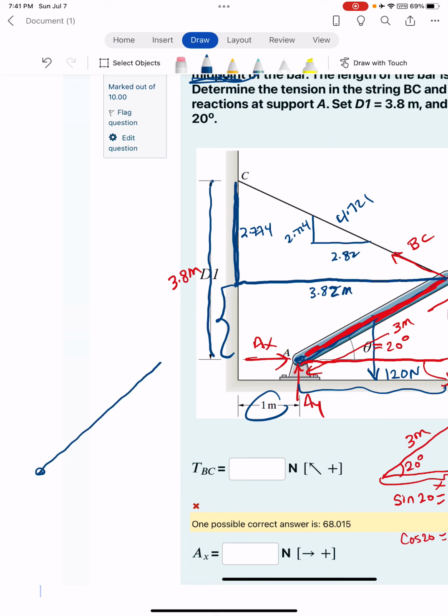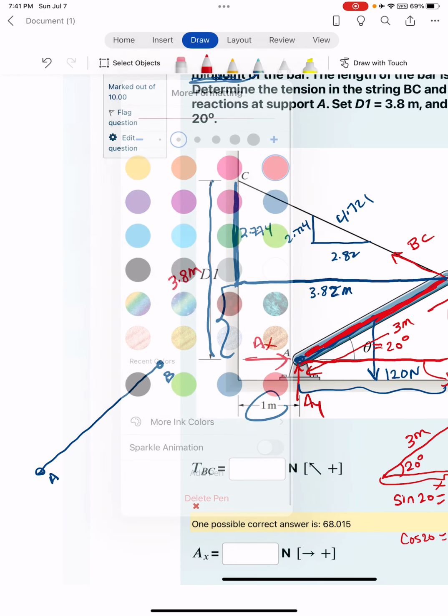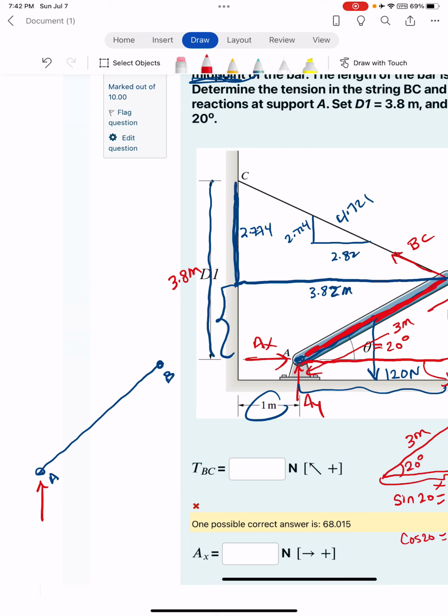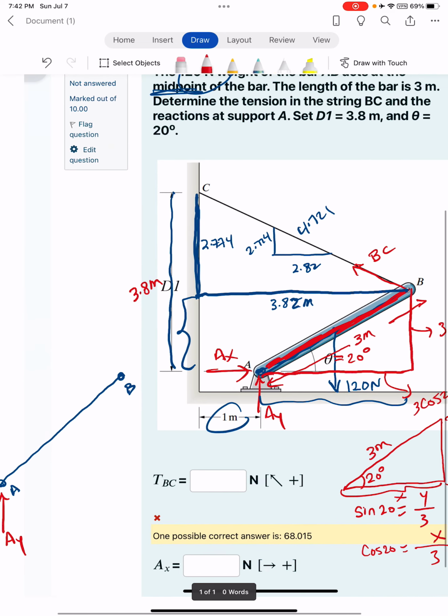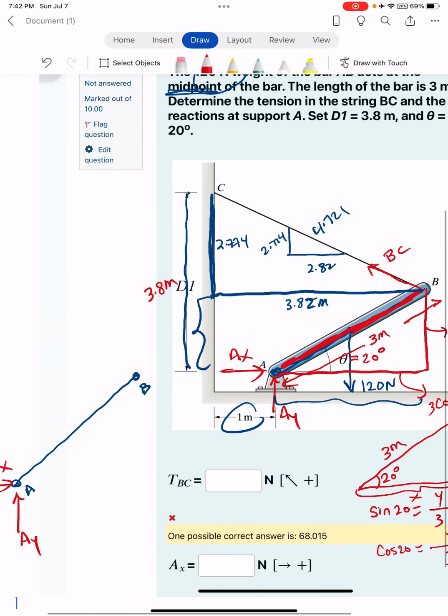Okay, so this is the bar. This is A, B. And this is the reaction AY, AX. This is AY, this is AX. And that is, let's see, the slope here.